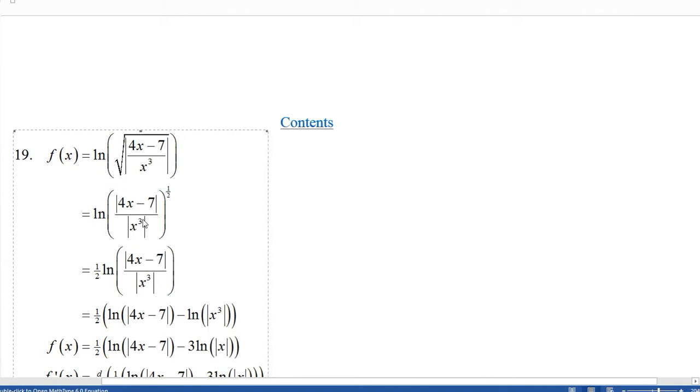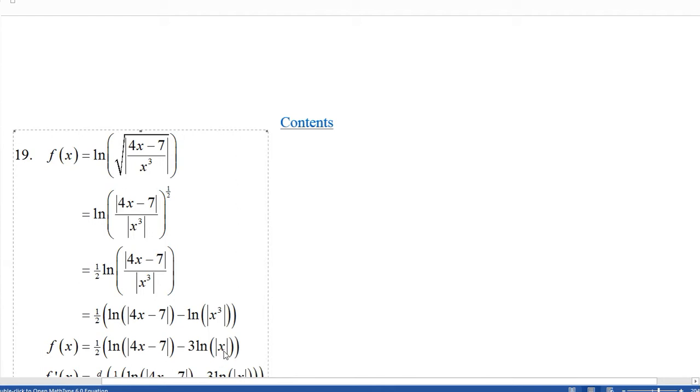Since this is a logarithm of something to the 1/2 power, a property of logarithms says we can put the 1/2 out front, and then the log of this quotient is the difference of the logarithms. So it's 1/2 the log of the absolute value of 4x minus 7 minus the log of the absolute value of x cubed.